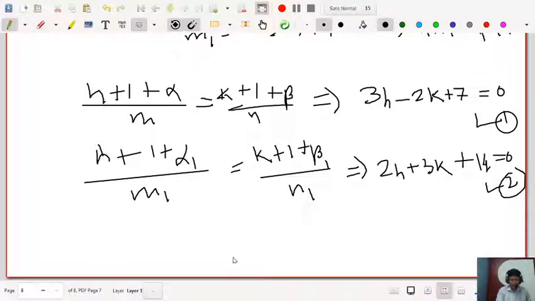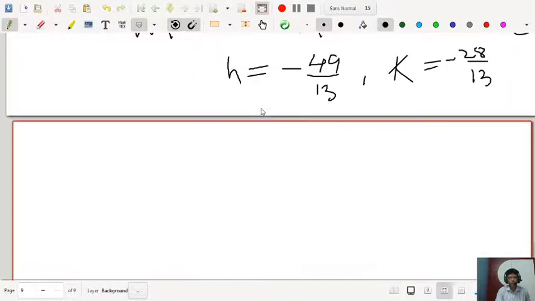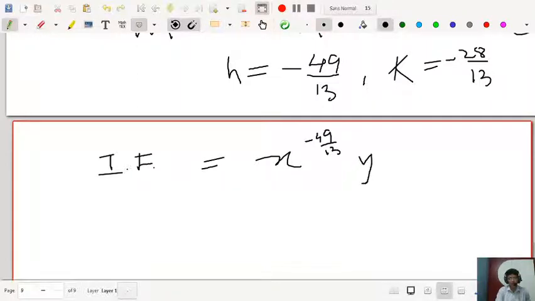Solve. If you solve, you will get the values of h, which is a more complicated value. I have solved and I am giving you the result. H will be minus 49 by 13. You can check that, and k will be minus 28 by 13. So your integrating factor will be x to the power h, y to the power k, that is x to the power minus 49 by 13, y to the power minus 28 by 13.